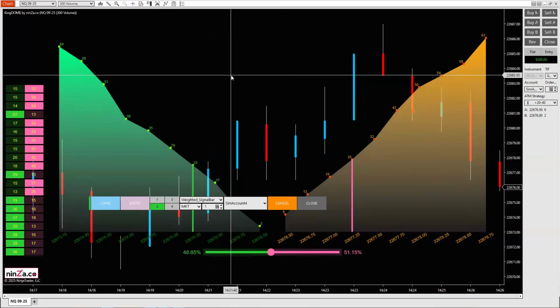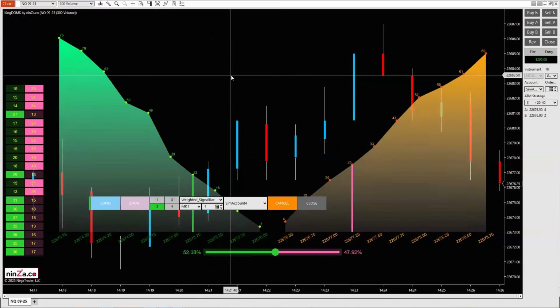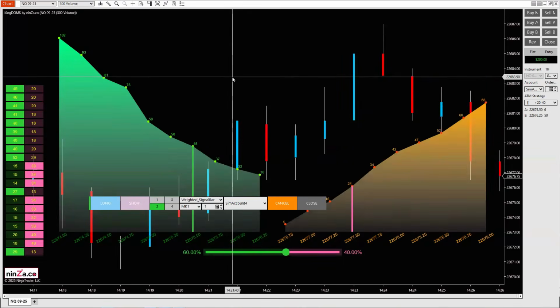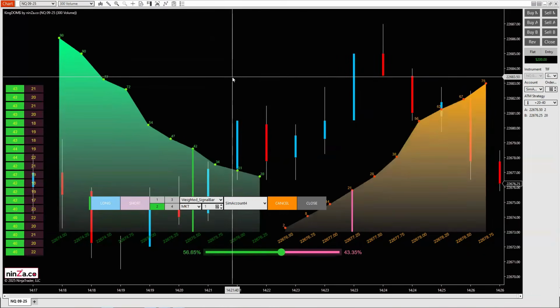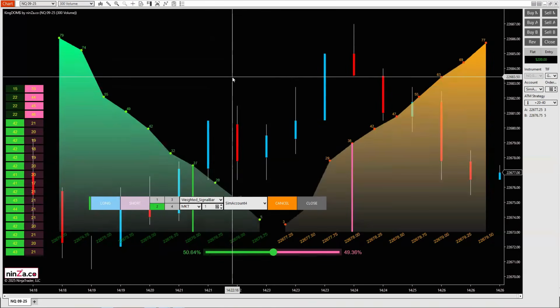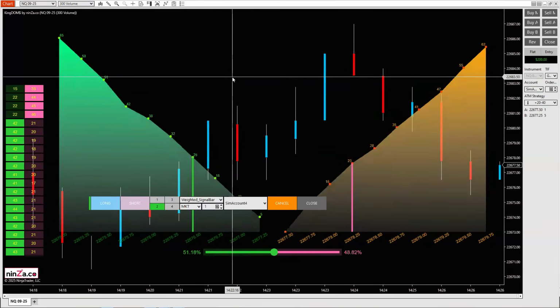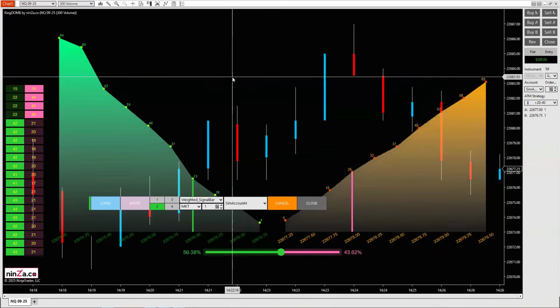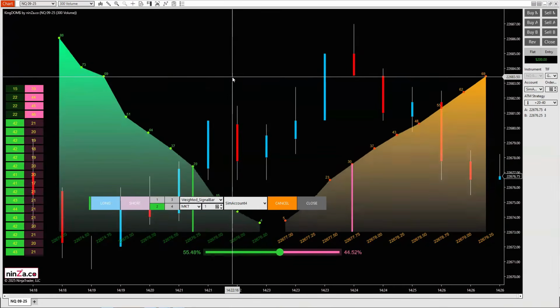That is just complete personal preference, because I would trade this as part of a bigger plan, right? I'm not just going to trade this completely by itself. So since I'm trading it as part of a bigger plan, all I need is some kind of small confirmation.